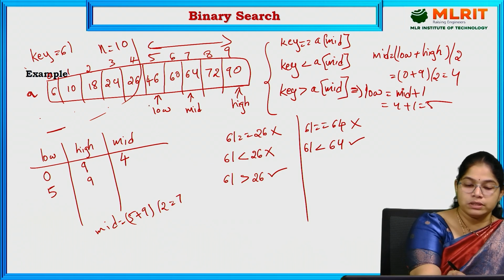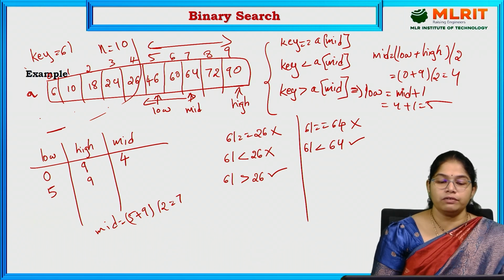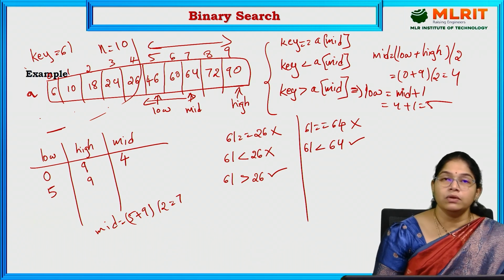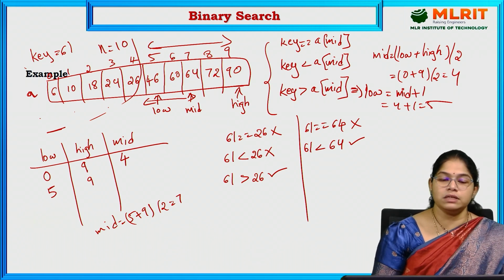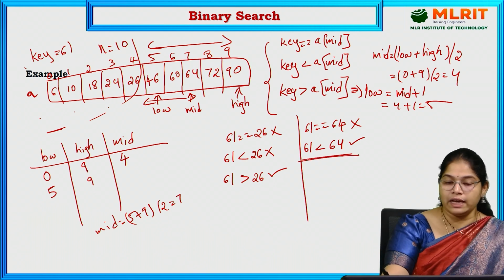That means now my search space is not right of the mid. We don't have the element right of the mid. It is less than the mid value. Why do we know? Because the elements in this array are sorted. So in this case, we have to shift our high value.